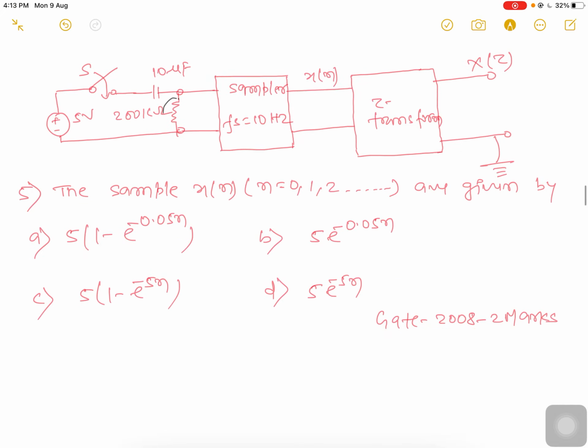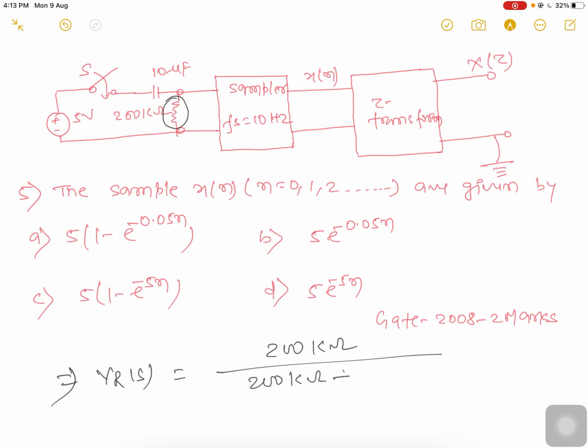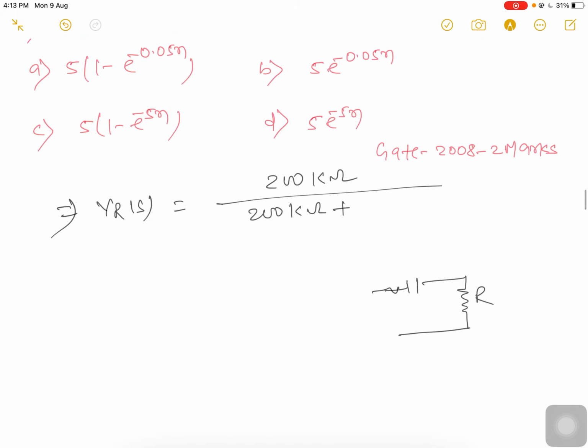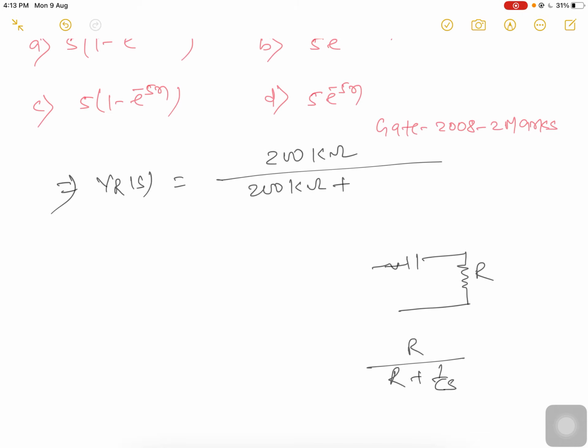Okay, so first we find out the VRS. According to this, VRS is equal to 200 kilo ohm upon 200 kilo ohm plus, here we know that in any network with a capacitor and resistance R, the transfer function is R upon R plus 1 by CS.